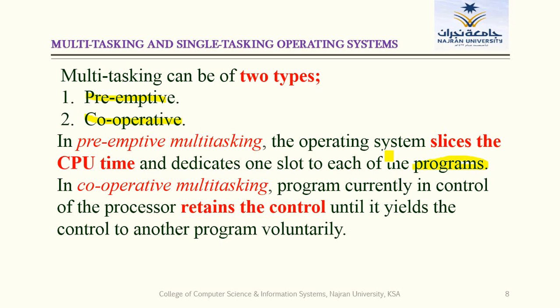Then if the time slice expires, we can stop a program and give that slice to another program. But cooperative is the opposite of the preemptive approach, because here if a program is voluntarily giving control back, then okay, otherwise we are not able to take the control back from the program by force.